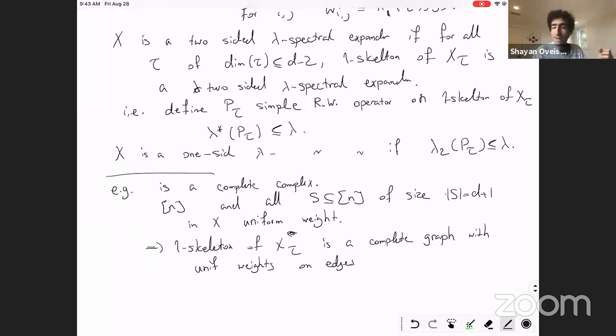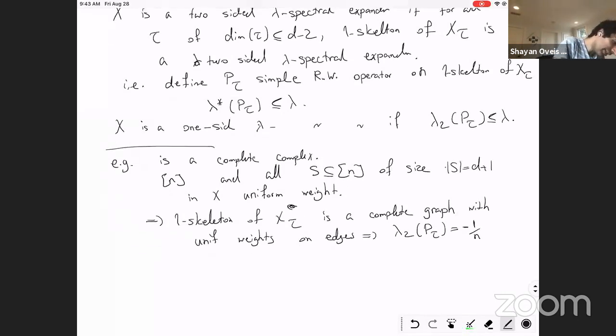And a complete graph has second eigenvalue equal to -1 over n, or I should have said -1 over the number of elements in X of tau of 0.